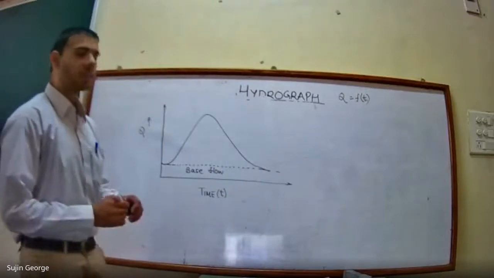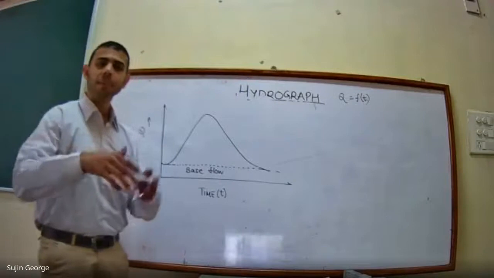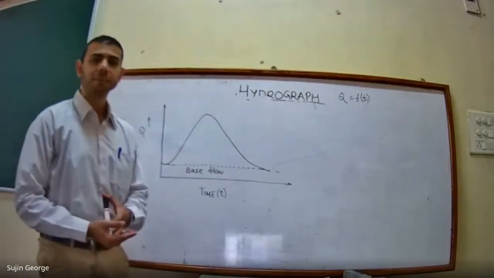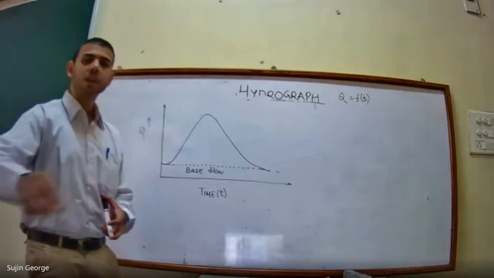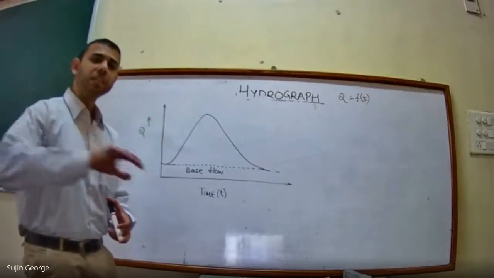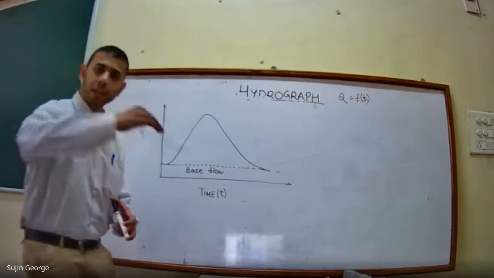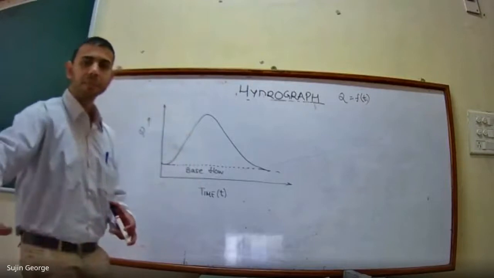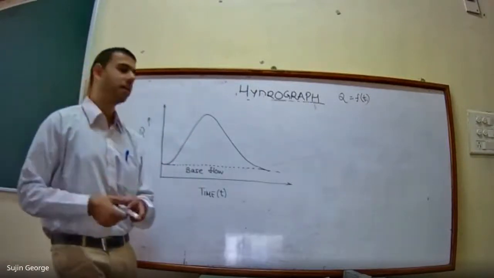Now, why is this considered as the base flow? Because when precipitation happens in a particular catchment area, then when precipitation starts, the runoff volume will occur. Even when the precipitation has finished, runoff will still take place.